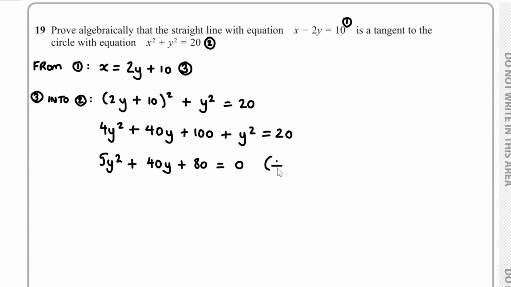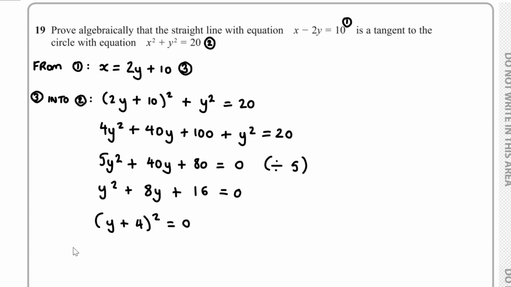If we divide through by 5, you can see y squared plus 8y plus 16 equals 0. If we attempt to solve this, we can factorize this as a perfect square. So we've got y plus 4 all squared equals 0. And therefore, y equals minus 4, which is our only solution.